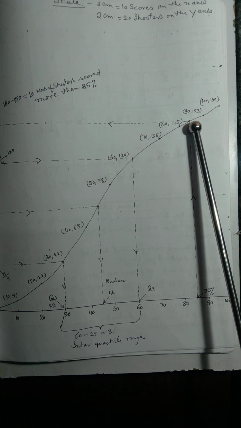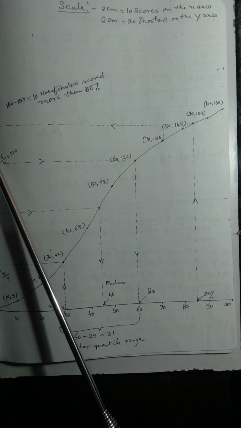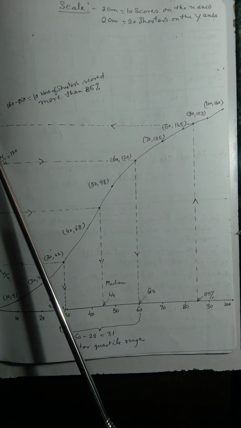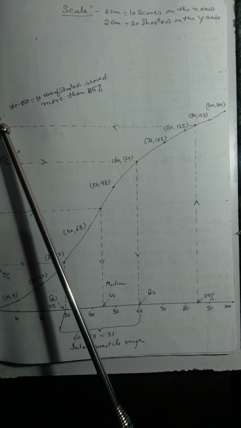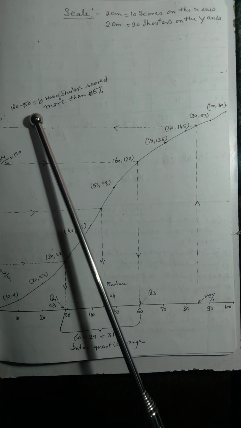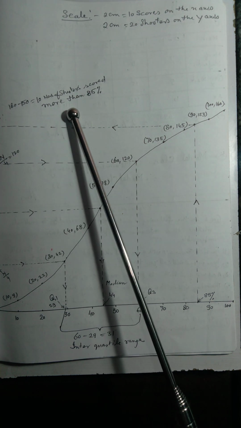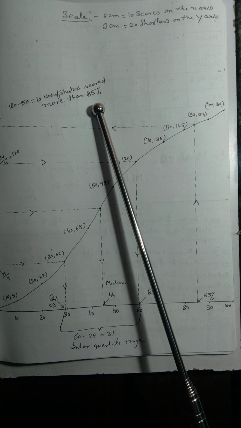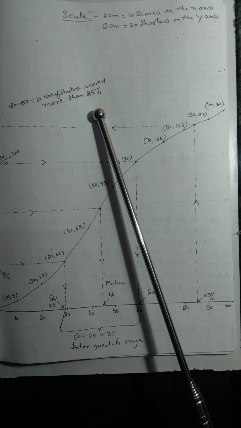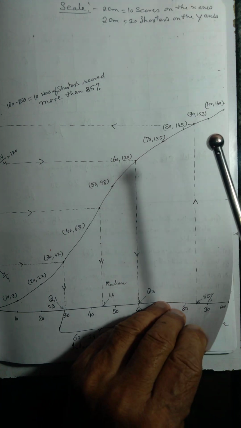From there again we draw a line parallel to the x-axis which intersects the y-axis at the point that is 150. So 160 minus 150, that will be 10, the number of shooters who scored more than 85% marks. This will be the answer of question number 36.